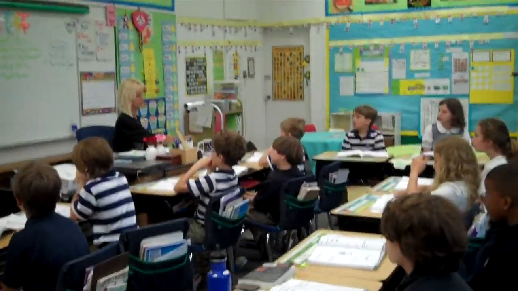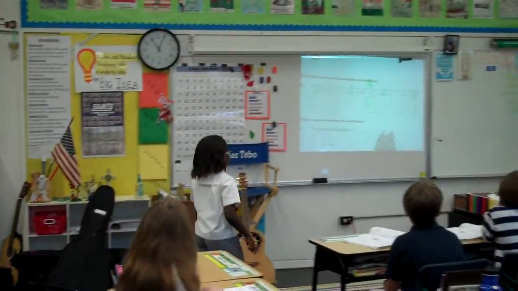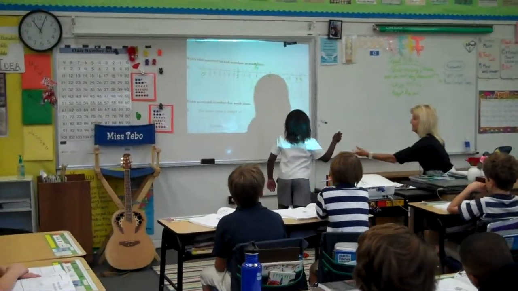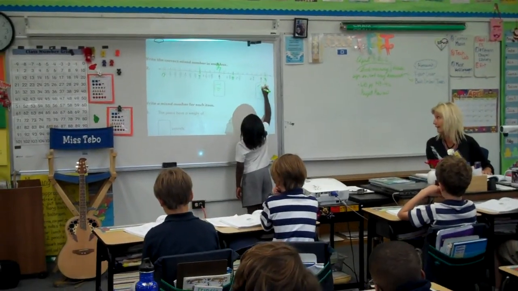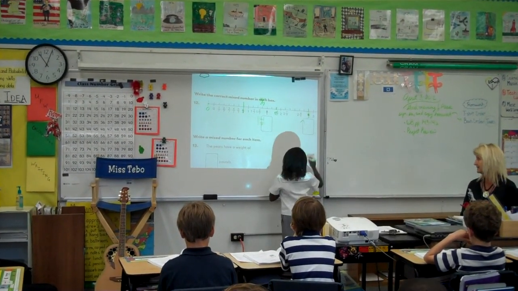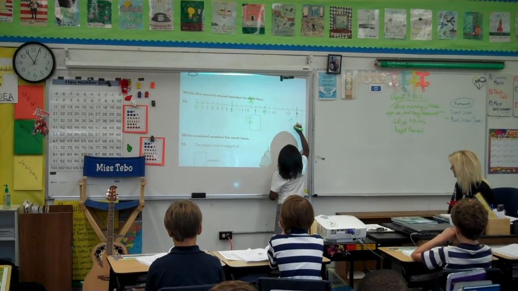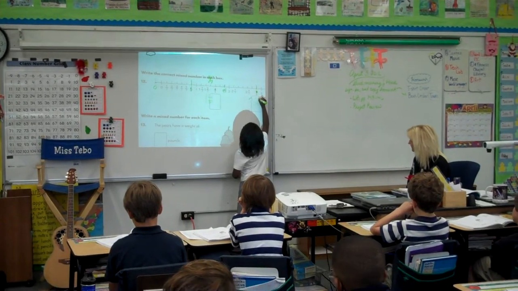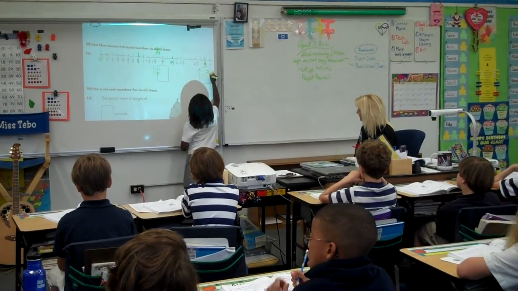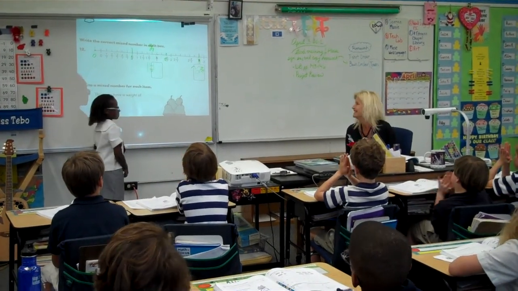Number 14. Come on up. And I've got my number line off. Hang on. Okay. Line up my whole. It's okay. 2 and 6 sevens.